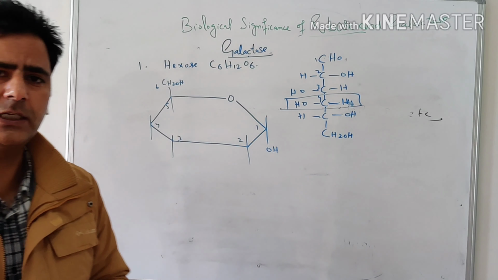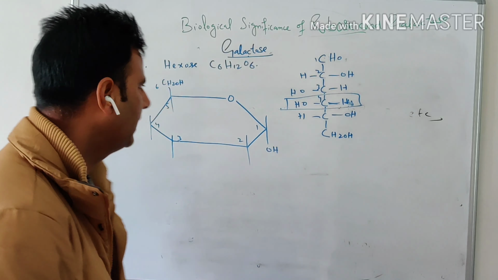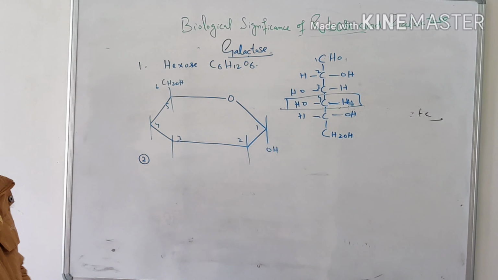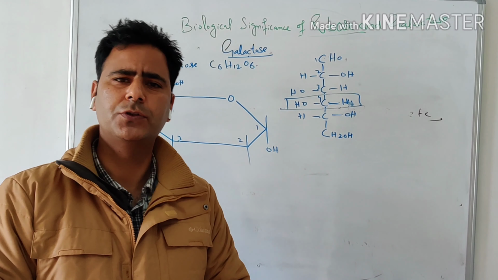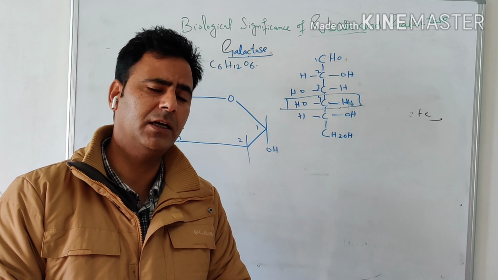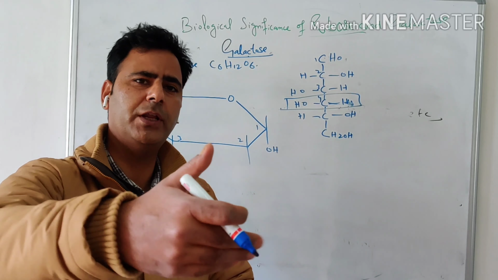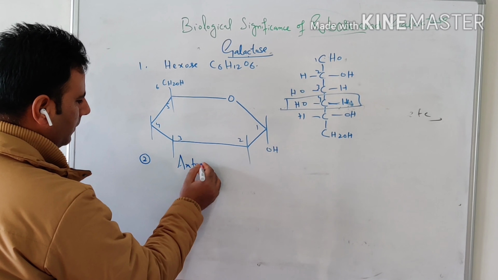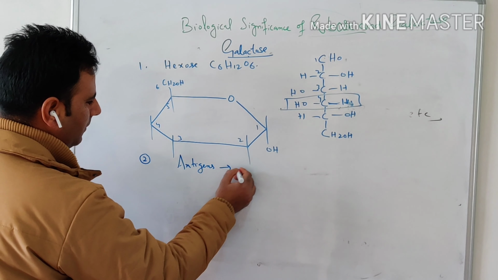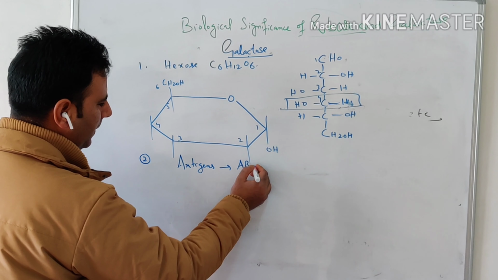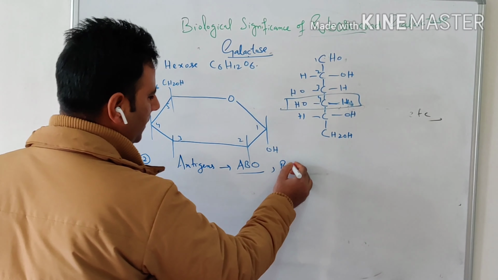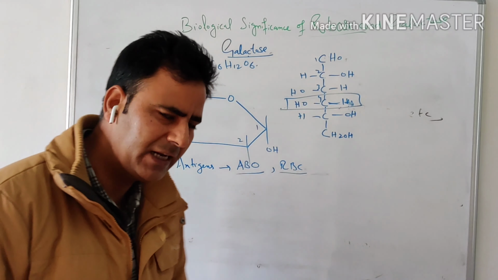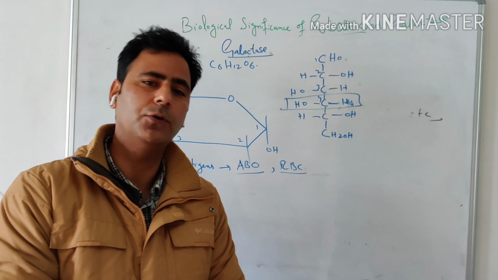Now, this galactose has a significance. Number two, we see galactose as a component of antigens which are present on the surface of RBCs and are representing ABO blood group.